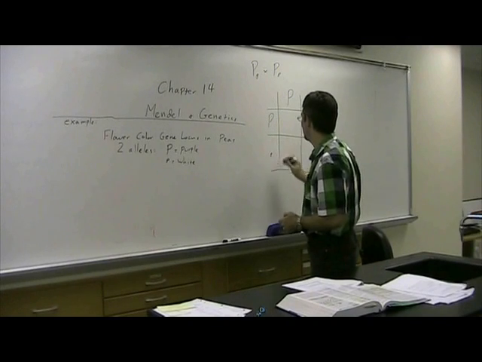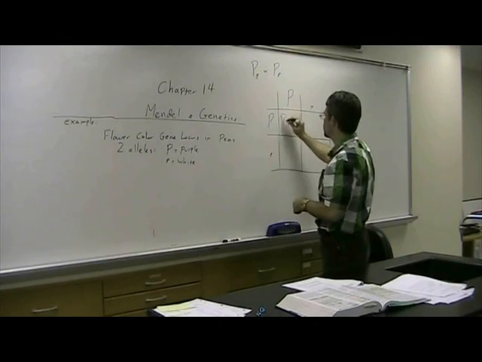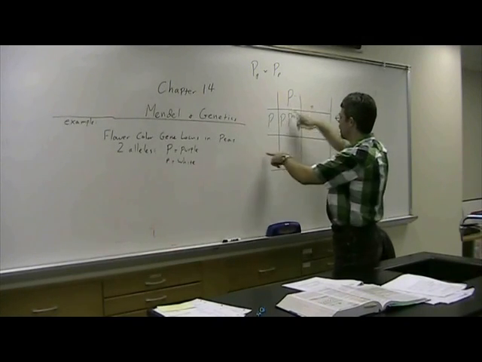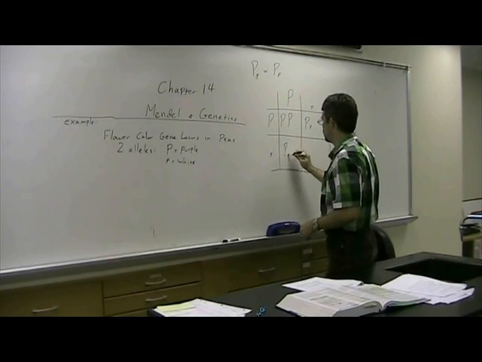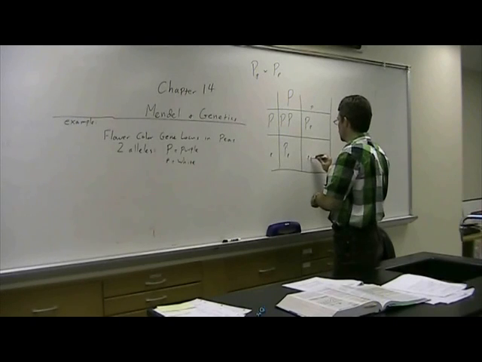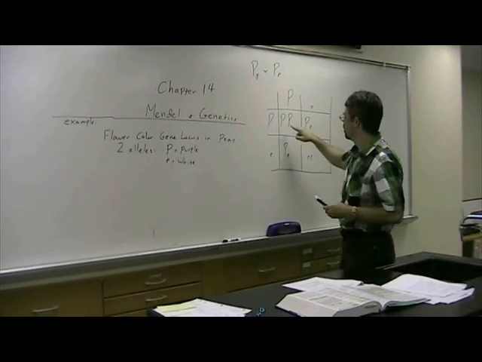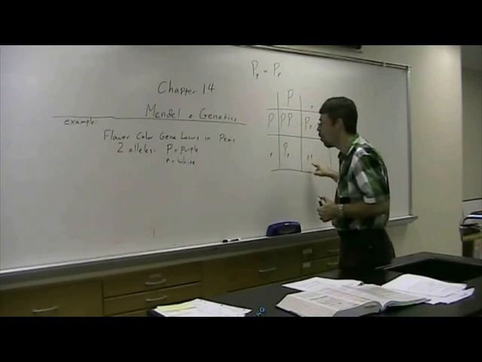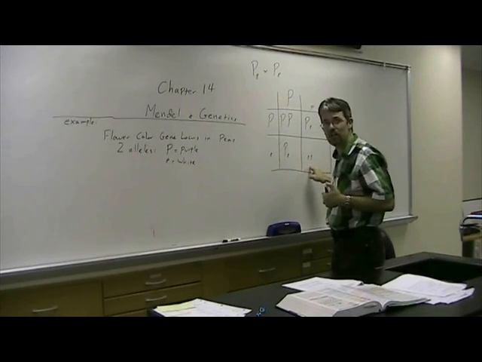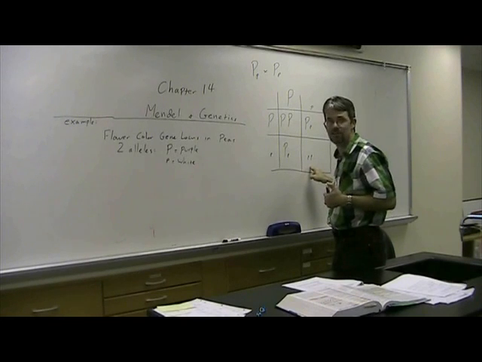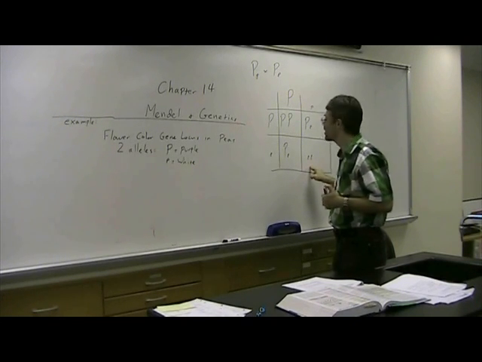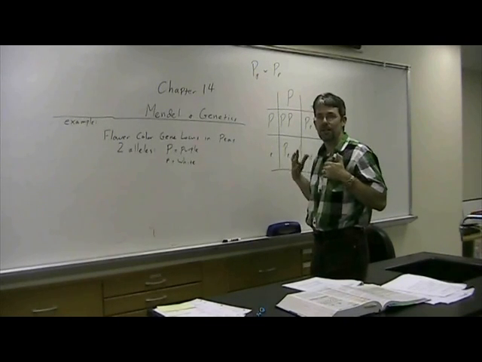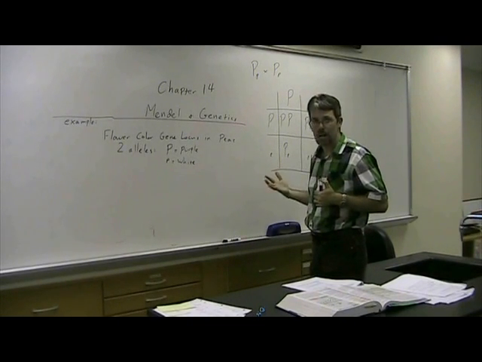A big P and a little p. Bring it down, bring it across, big P, down and across, big P, little p. Likewise here, but over here, little p. Purple flowers, purple flowers, purple flowers, white flowers. That's the 3-to-1 ratio he saw in his F2 generation. So he figured all this out by this law of segregation that we now call it.